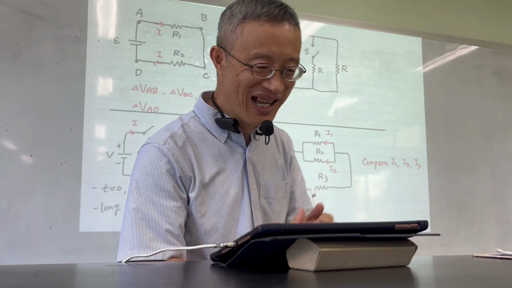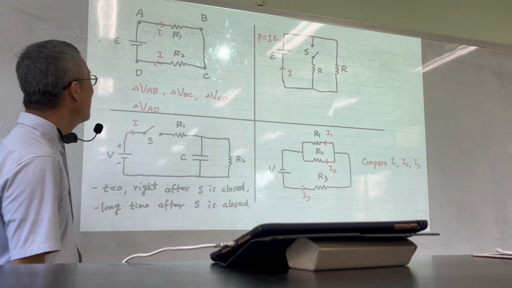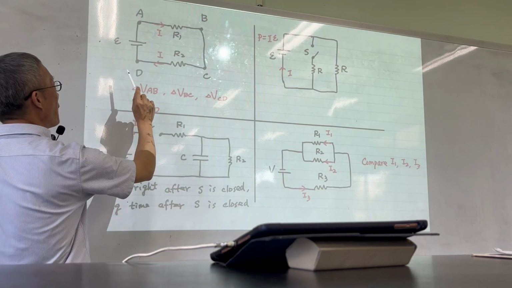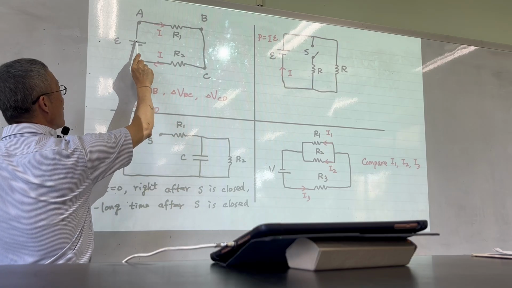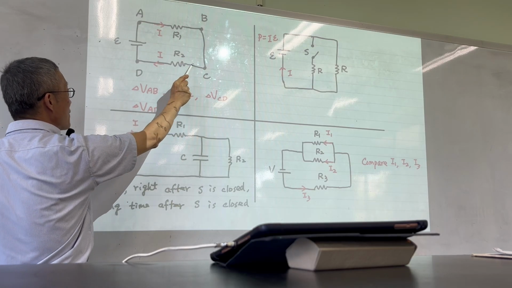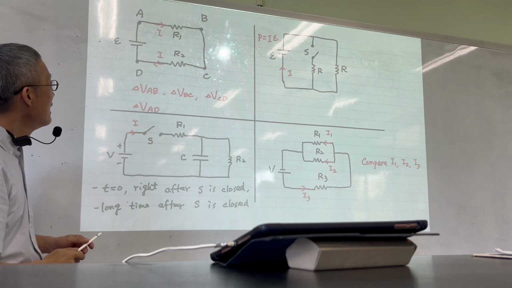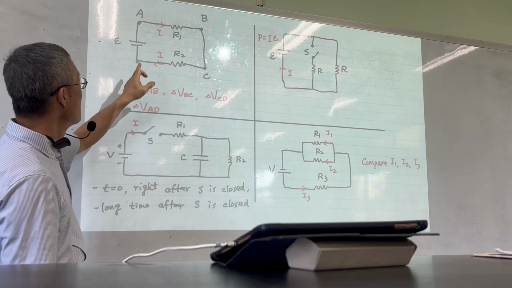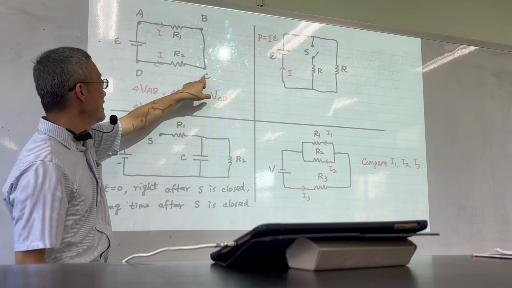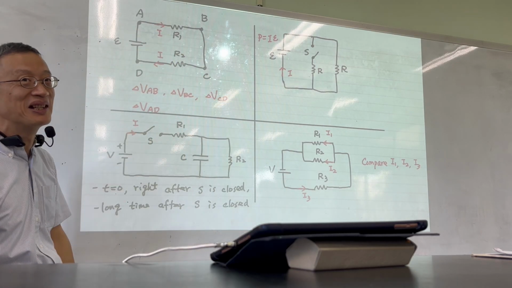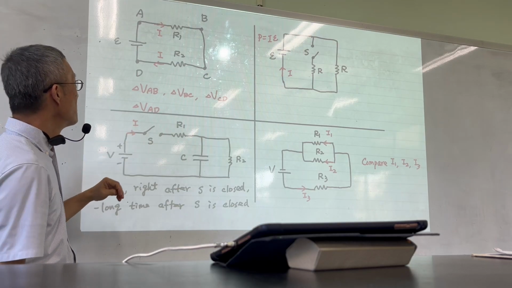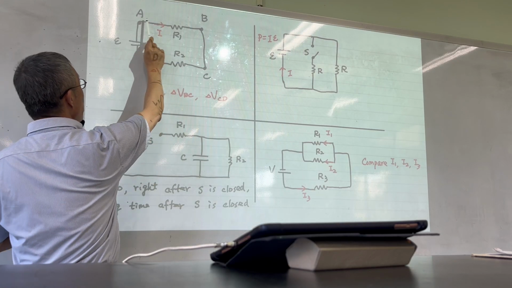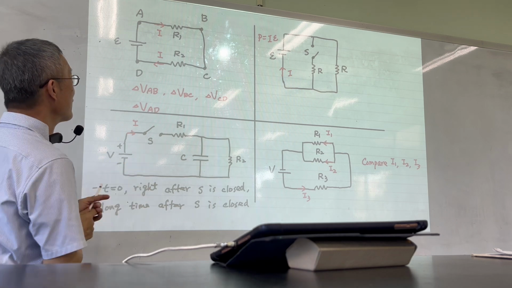Current through the battery, passing through R1, passing through R2, right? Let's compare the potential difference between points A and B, B and C, C and D, and D and A. Potential difference between A and B, we only care about the magnitude.